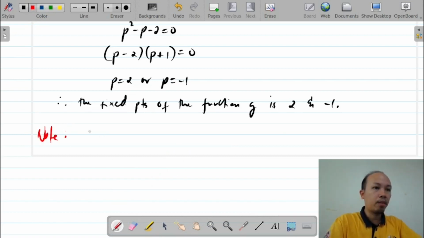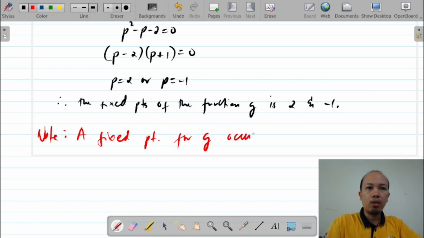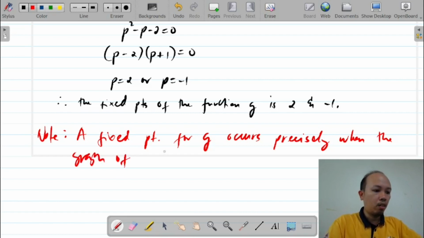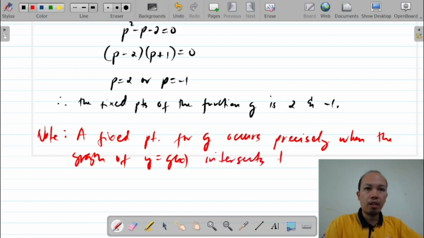Note: a fixed point for g occurs precisely when the graph of y is equal to g of x intersects the graph of y is equal to x.